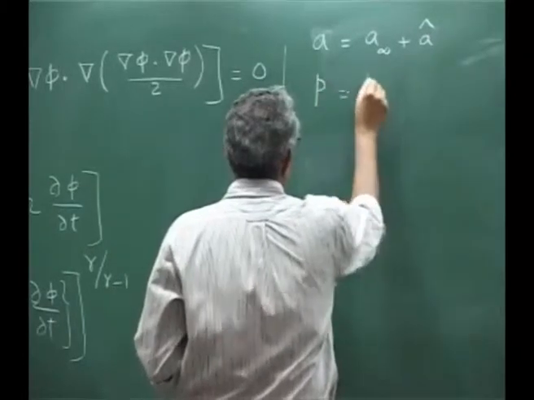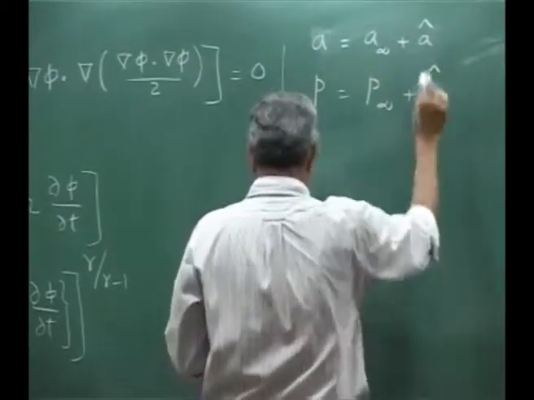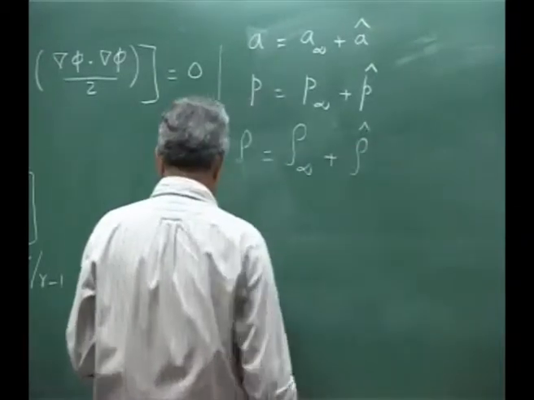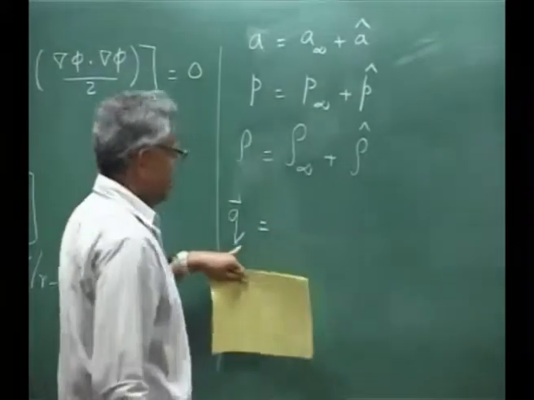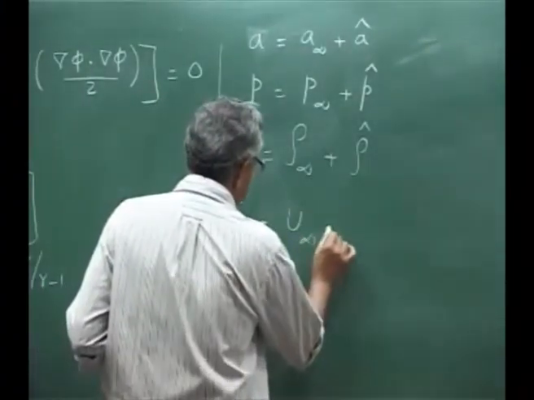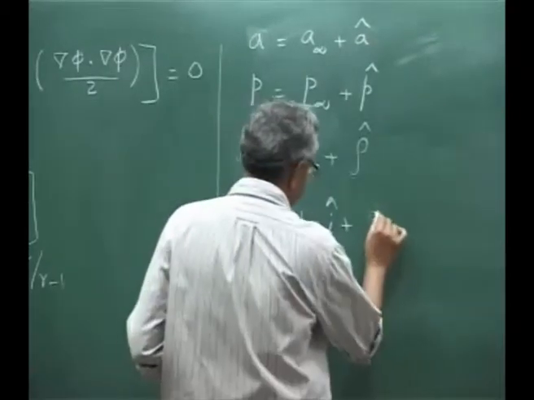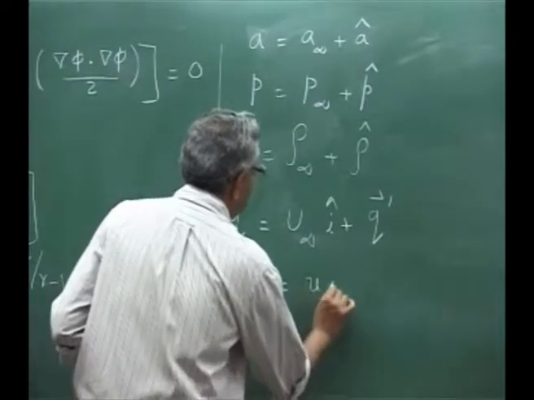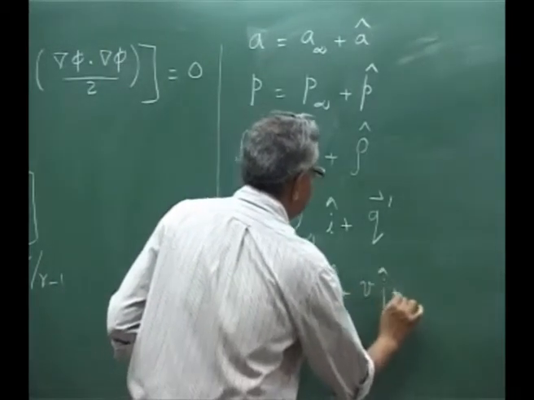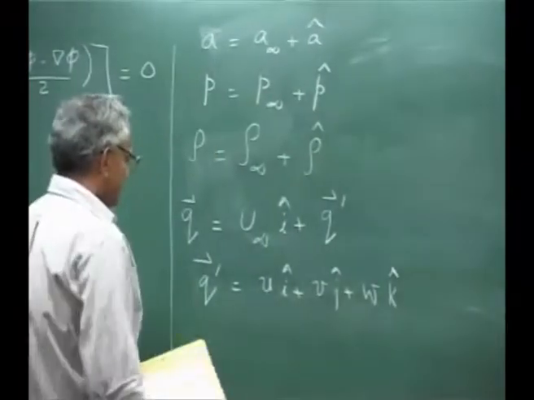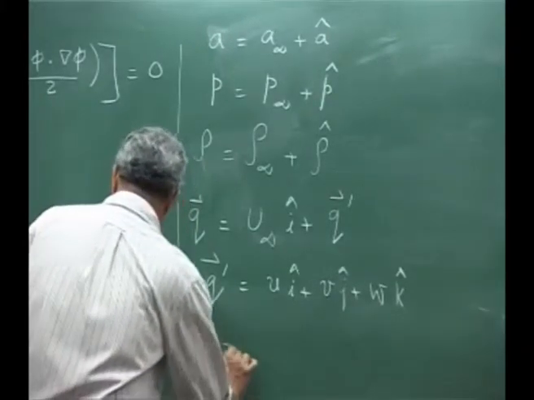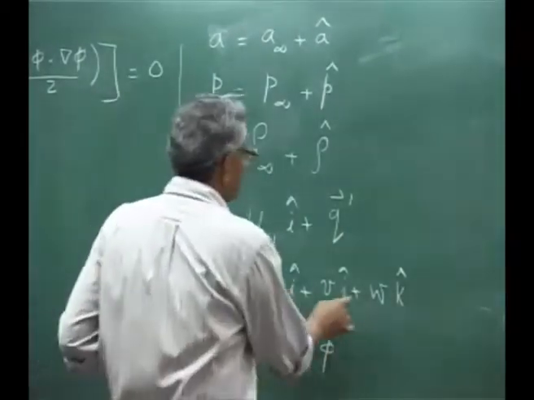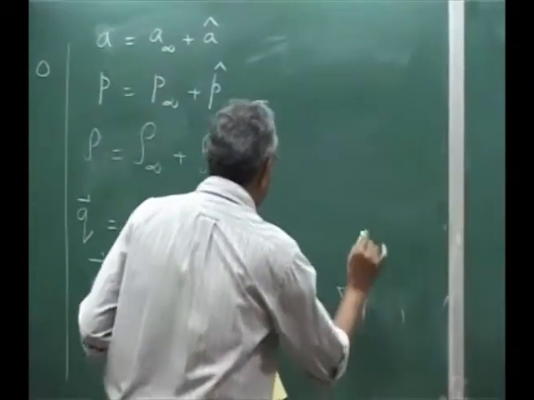And the pressure is P infinity plus P hat, and density rho infinity plus rho hat, and your Q, that is the velocity, is U infinity i plus Q prime, where Q prime is Ui plus Vj plus Wk, and your phi is U infinity x plus phi hat, and you know that Q prime is nothing but del phi hat.